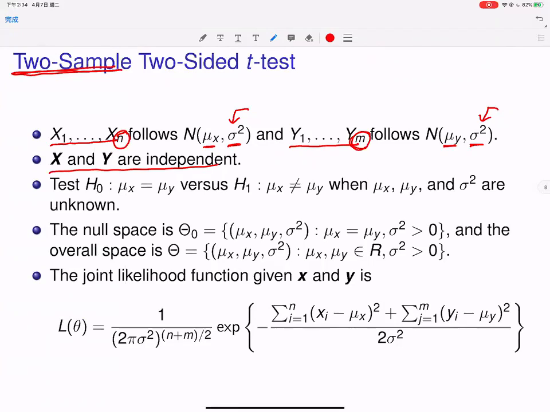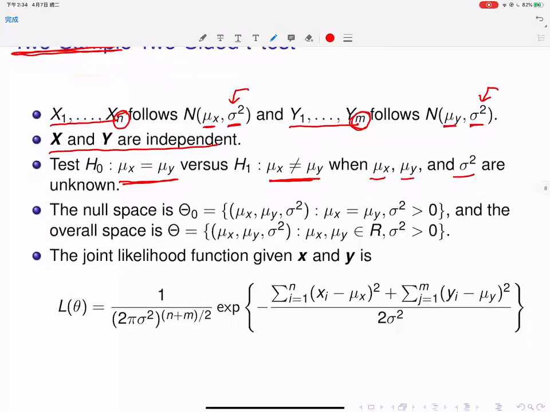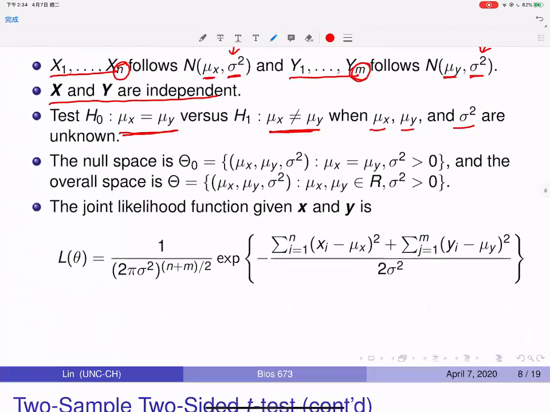Then we test mu x equals mu y versus mu x doesn't equal mu y. Then mu x, mu y, sigma square are all unknown. But again, principle-wise it's the same.